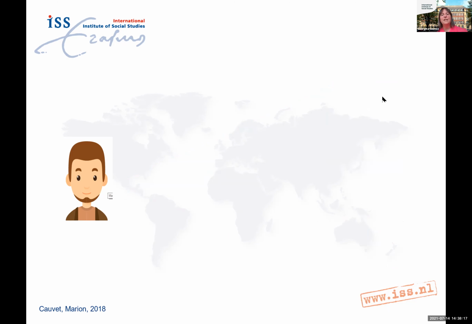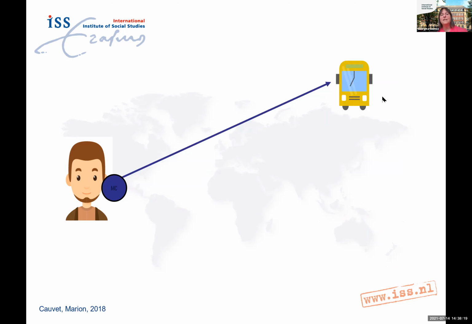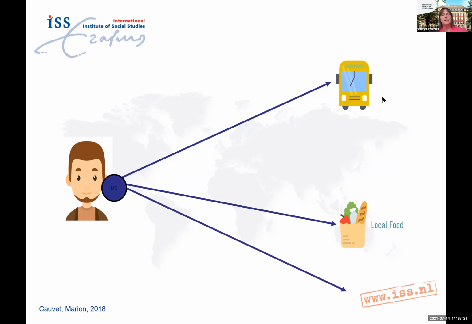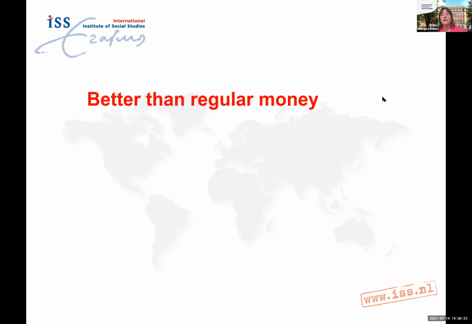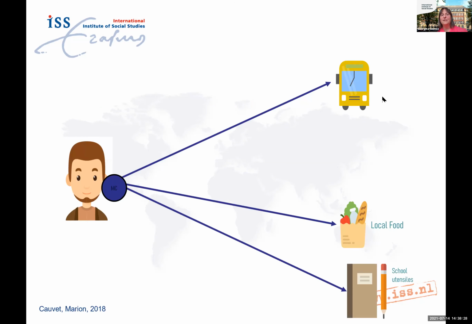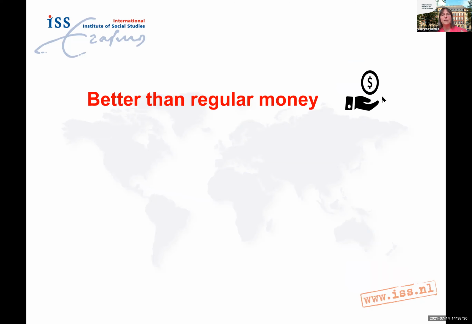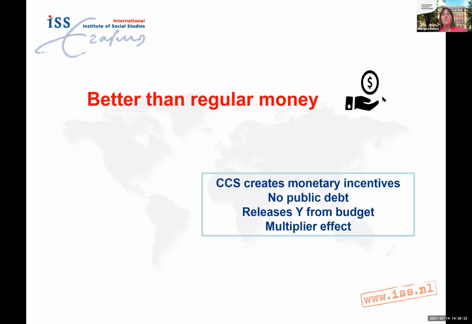We were in the early 90s in Brazil, and this was a city that had a lot of recycling. It was a bit better than regular money, because it created a monetary incentive for poor households to go through garbage and help in recycling waste.